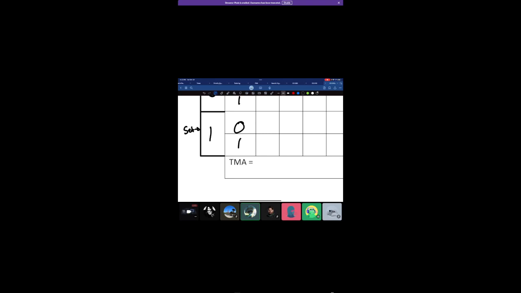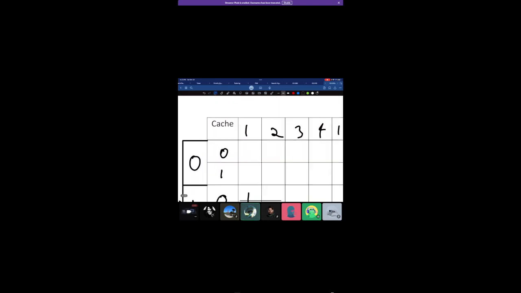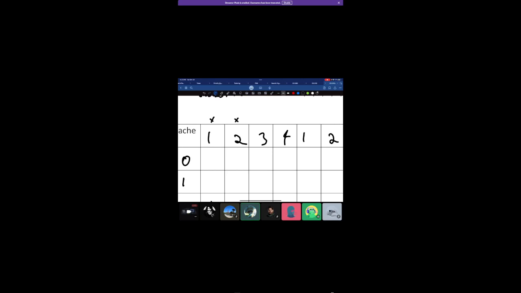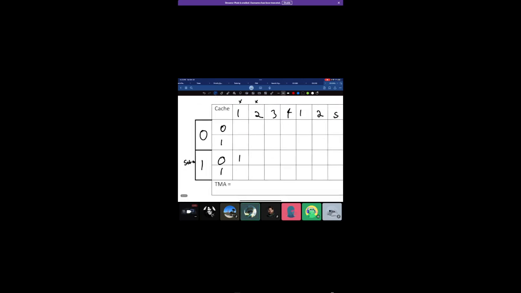Again, fully associative mapping is just sequential though. So the first element goes here, then here. Once we're full, then we use a replacement element. So we're going to put 1 into set 1 at index 0. Because that is a miss. 2, we get a miss. And what's 2 mod 2?